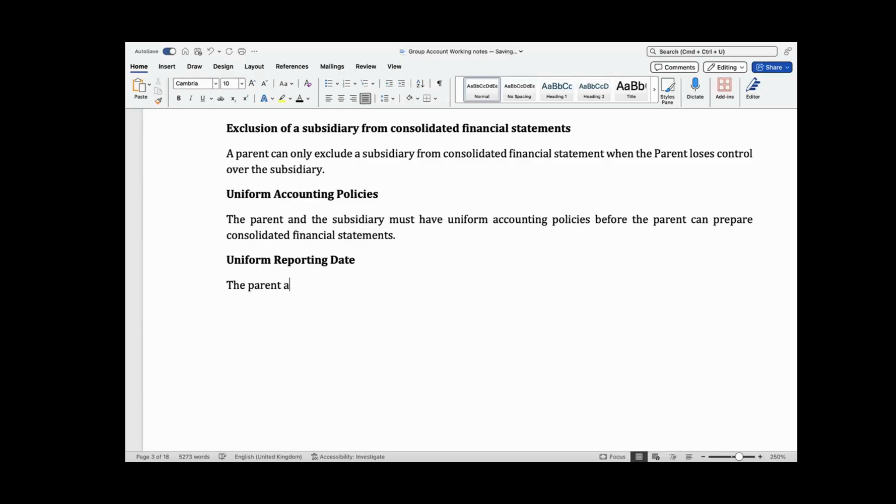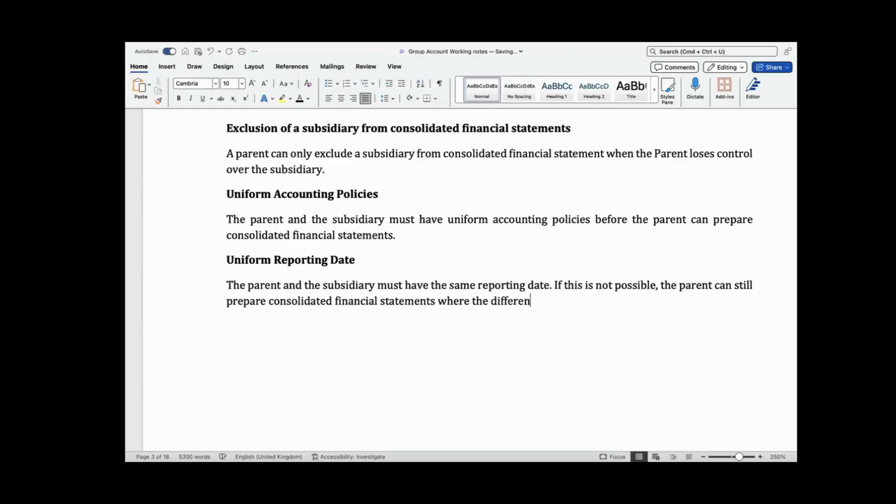So the parent and the subsidiary must have the same what? The same reporting dates. If this is not possible, meaning that their reporting dates are different, the parent can still prepare consolidated financial statements where the difference in reporting dates is less than 3 months.